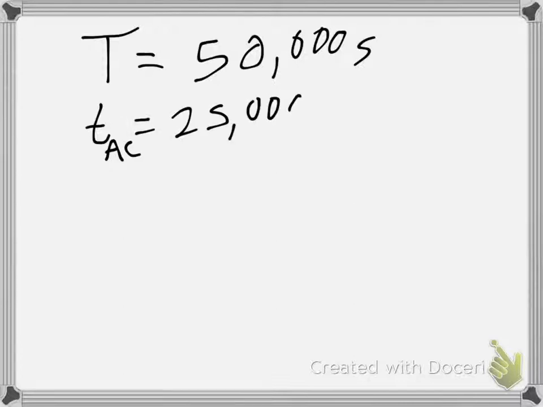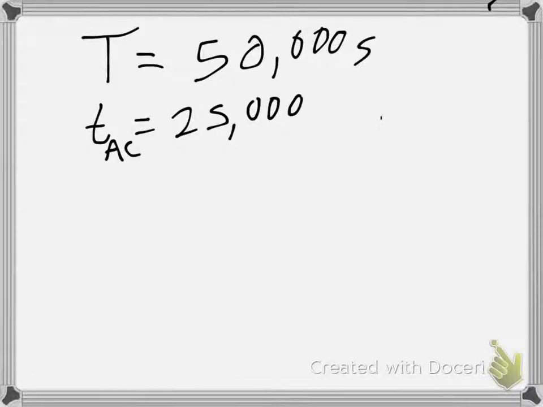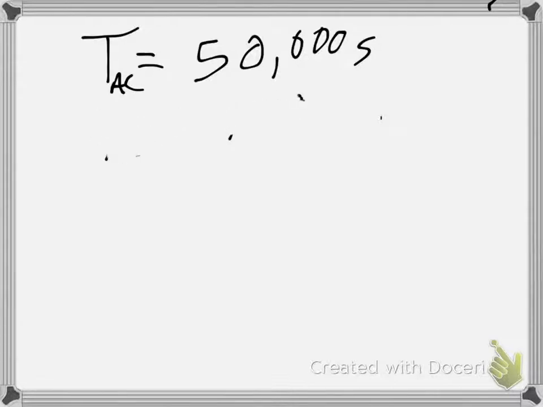It's already 50,000 for the diameter. Oh, was it for halfway around? Yeah. Oh, okay, sorry, I misread that. To go halfway around, you're right, thank you. So that's easy. We were told that, so that's just the period time from A to C. Okay, very good.